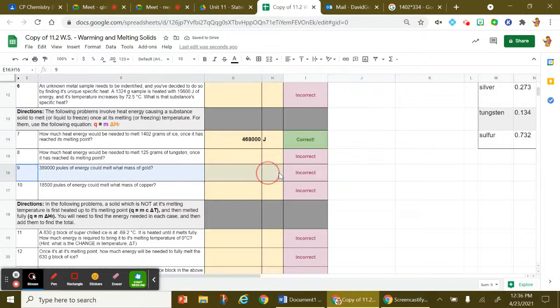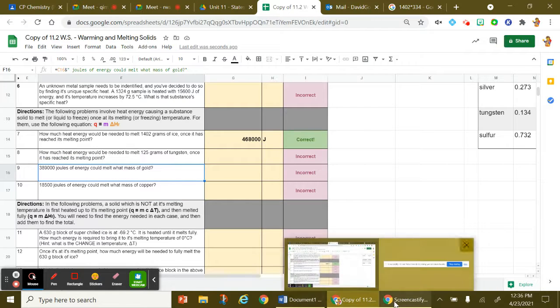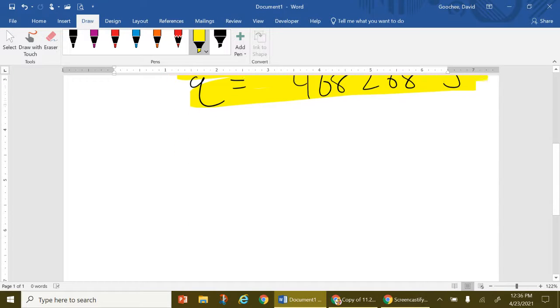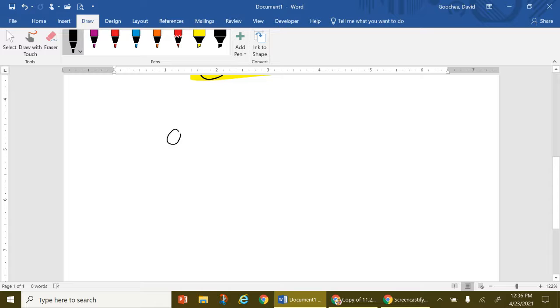Let me try another one, number 9. 389,000 joules of energy could melt what mass of gold? Now, it's talking about melting, so I'm going to use the energy of melting equation. The energy needed to melt something is equal to its mass times the special melting value, the heat of fusion.